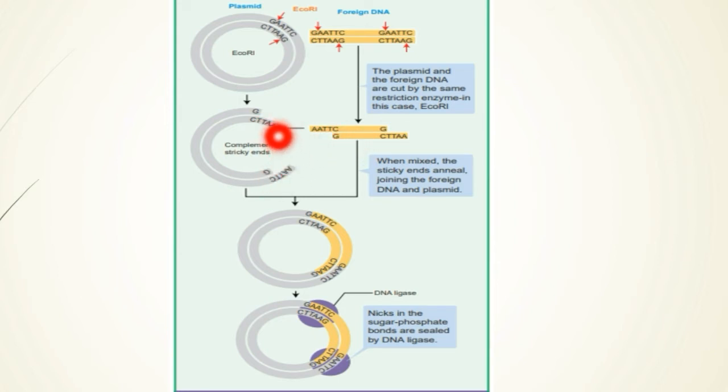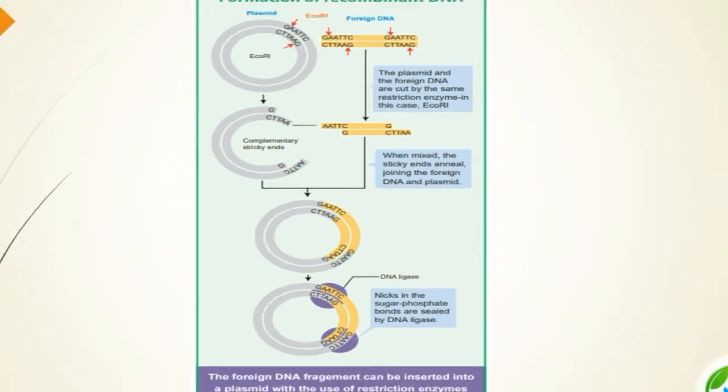After it is inserted into the vector, this is referred to as rDNA. After the cleavage, the foreign DNA is going to get pasted by means of the DNA ligase enzyme and the gaps are sealed.